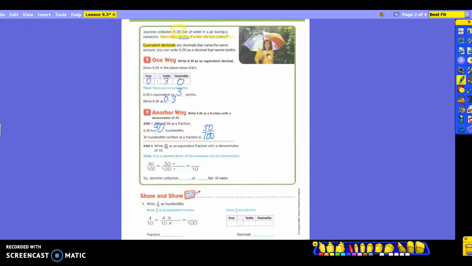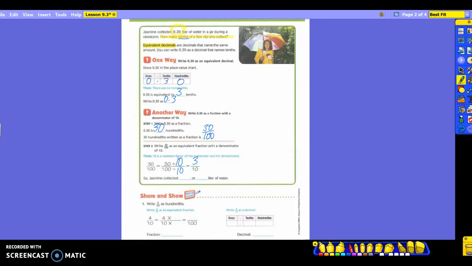But now I want to make it into a denominator of 10. So the opposite of what we did the last time is what? Dividing. So when we start with 100, we're going to have to divide to get that. So 100 divided by 10 is going to give you 10. So what I do on the bottom, I also have to do on the top. So 30 divided by 10 is going to give me 3.